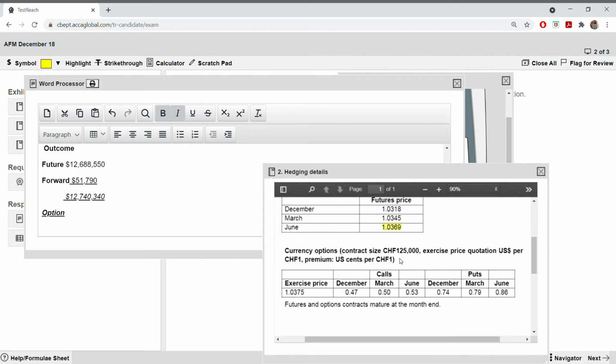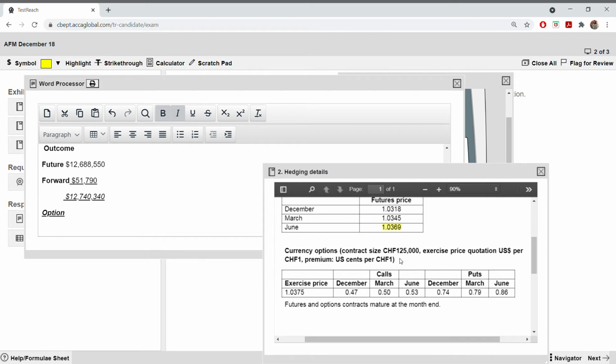The other way you could look at it is a little more complicated. I don't think I should say put and call. I think we can leave it, it's okay. But I have made a table: if it's a borrowing, it's a put option, and if it's a receipt, it's a call option.